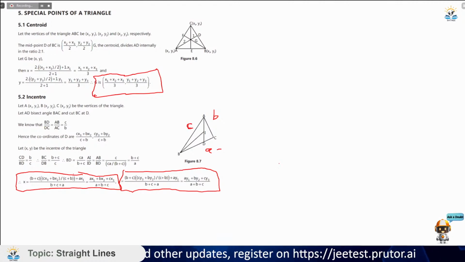The incenter is represented by I, and the centroid is represented by G.